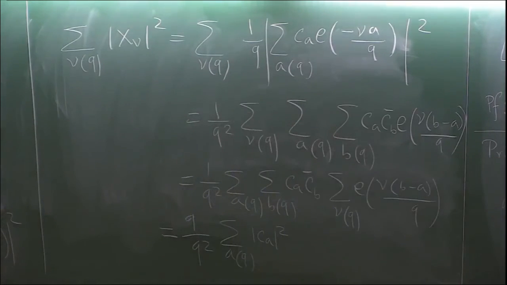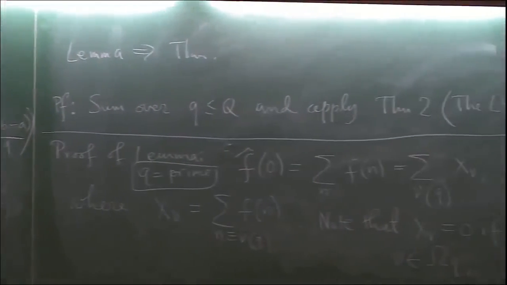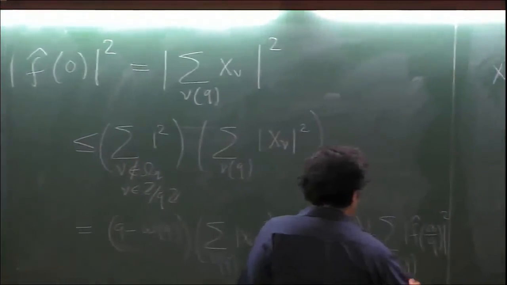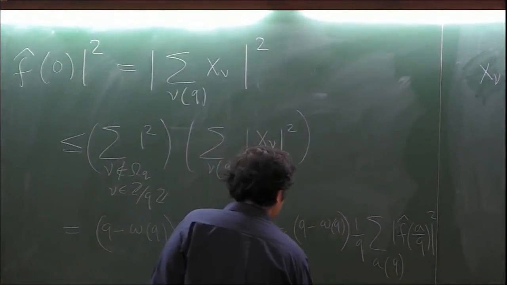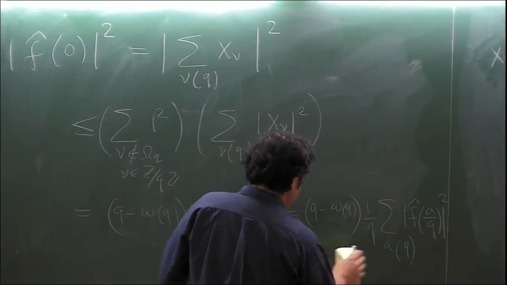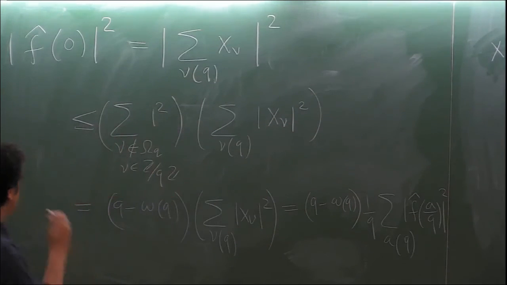So I can plug this in now. So this is q minus omega q into 1 by q, then sum of f hat at A by q squared, A mod q. Okay, and that's the same as 1 minus hq. Oh no, that's not true. Yeah, so let's keep it like that.